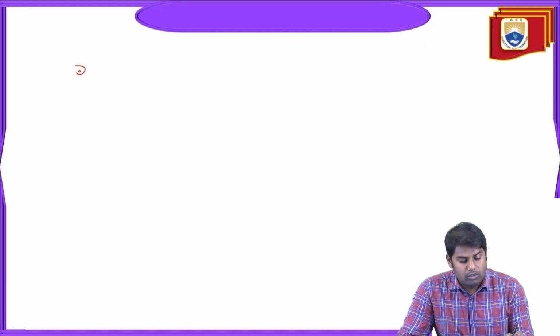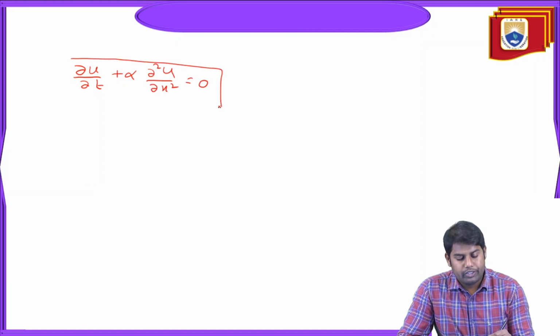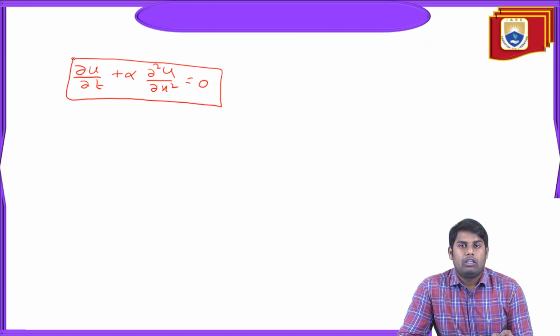Let us take the diffusion equation: dou u by dou t plus alpha dou square u by dou x square is equal to 0. This is what we have for the diffusion equation.